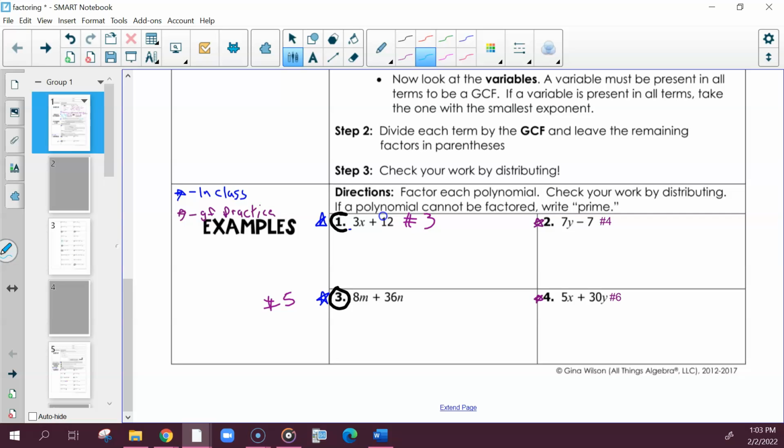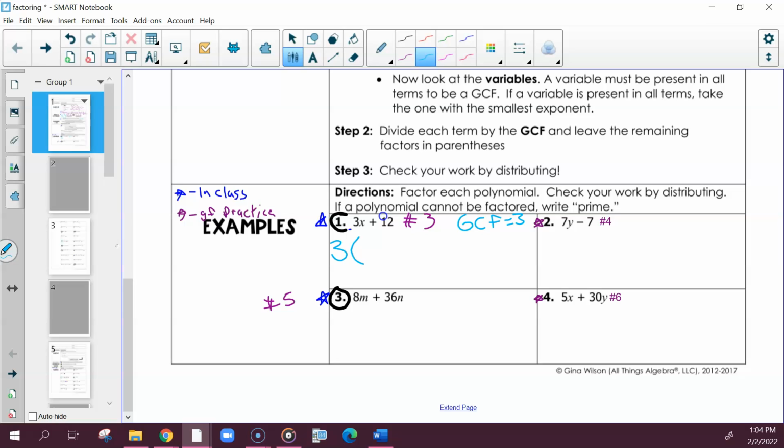So that's going to be my GCF. If you want to write your GCF out on the side, just so you know that's what it is, it would be double the work if you do that, but if it helps you understand that's what it is, that's fine. So you're going to take that and you're going to write it outside of parentheses.